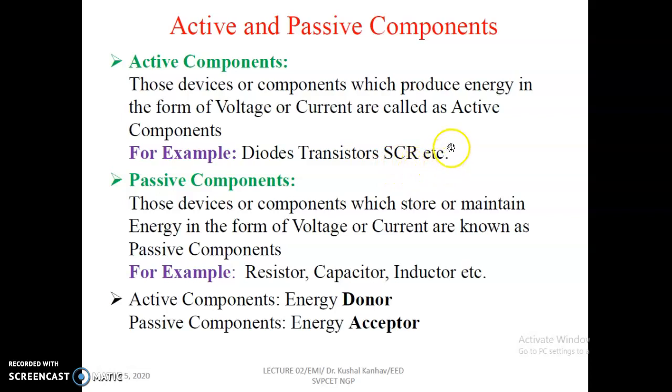Whereas devices or components which store or maintain energy in the form of voltage or current are known as passive components. For example, resistor, capacitor and inductor. So in short, we can say that active components are energy donors, whereas passive components are energy acceptors.